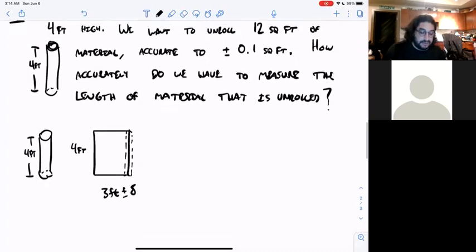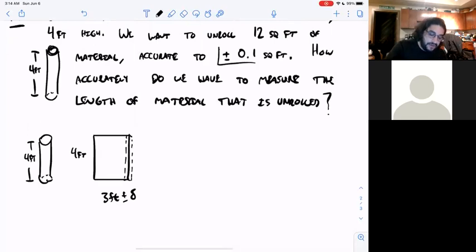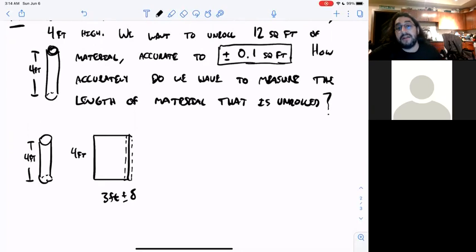But regardless of that limited precision on the tool, I want to make sure that I have this amount of accuracy on the square footage, right? That it's no worse than a tenth of a square foot off from this desired amount of 12 square feet. So that's what I want to figure out.